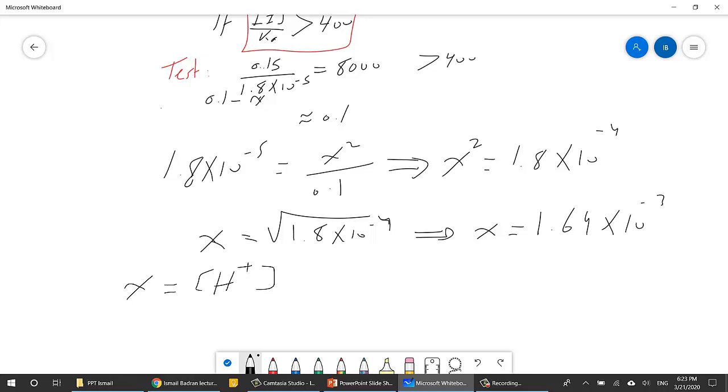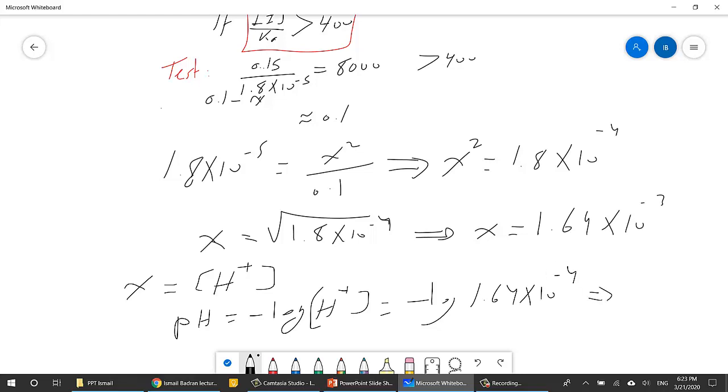The question is asking for the pH, so the pH is equal to minus log of H plus, which means minus log of this number, 1.64 times 10 to the minus 3, and that will give you a pH equal to 2.8.